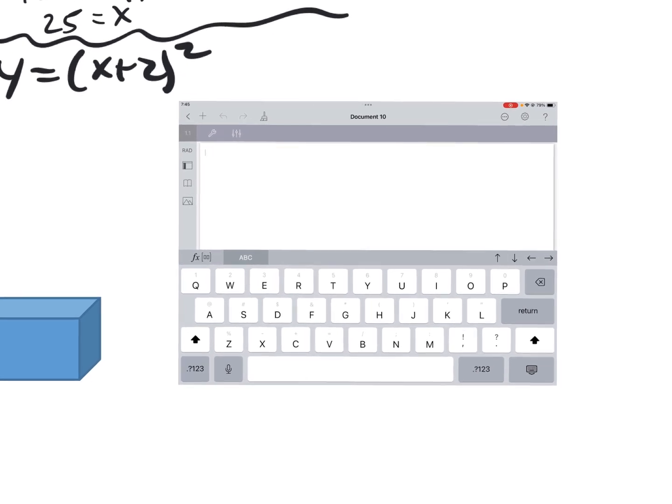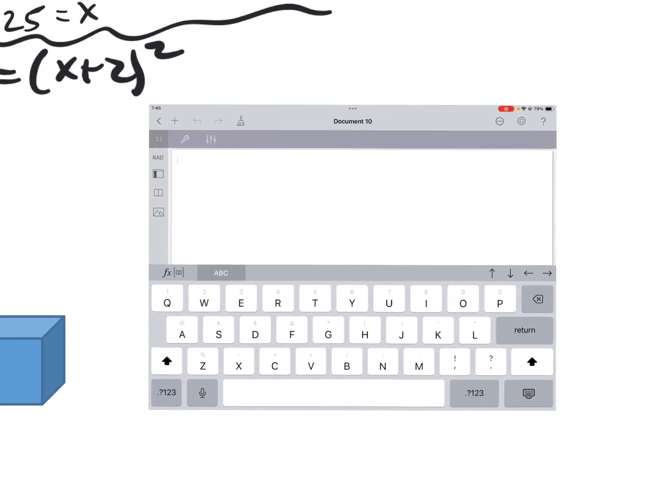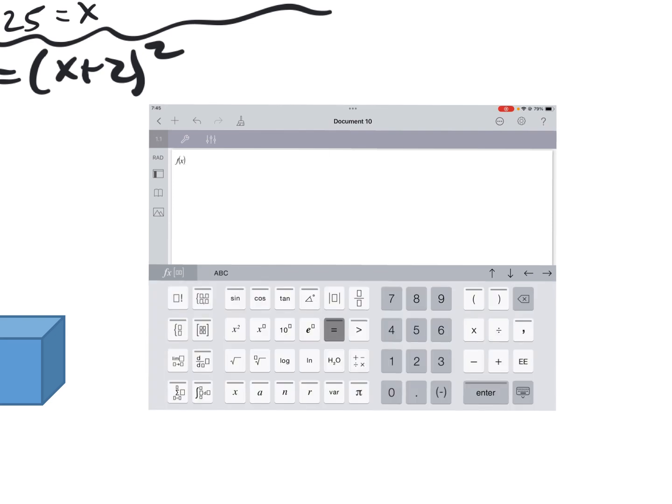We want to enter our equation for the distance, and I'm going to call this f of x. We're going to store it, so we need our colon equals, and then the square root. You could call this d of x if you want, but since we use d for derivatives, it gets a little bit complicated there.